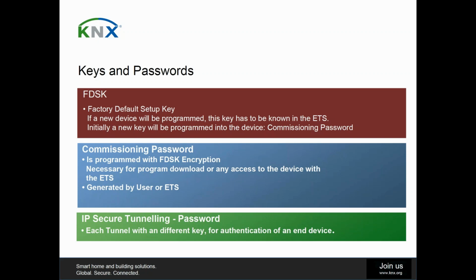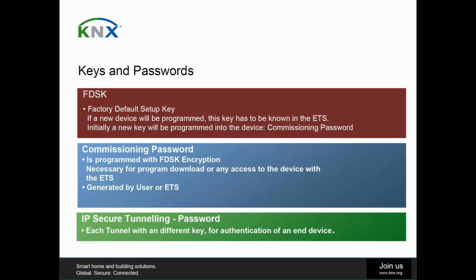Actually this key will be used only once, at commissioning. It will just encrypt the commissioning password and download it into the device. But for that single process, this FDSK is necessary.